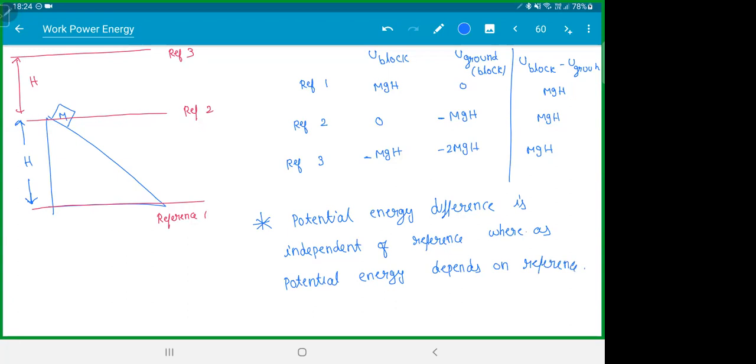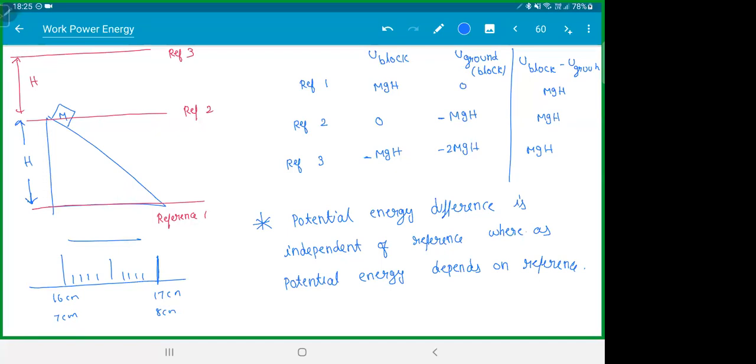Kind of think like this. Let's say I have a centimeter scale like this. If I say this is 16 centimeters, how much is this? 17. If I say this is 7 centimeters, this is how much? 8 centimeters. So whatever I take here, that will be +1, right? But what is the difference between them? Always 1 centimeter, isn't it?